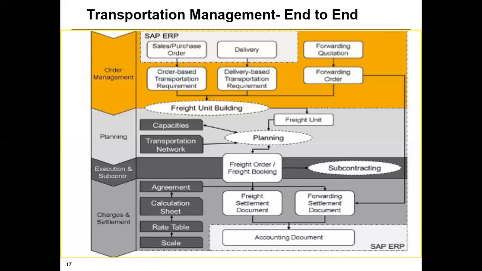It is a major breakdown, and it won't be available for the next 1 month. This information will be instantaneously available from this capacities box to the planner. So that's why it is both directions, bidirectional.